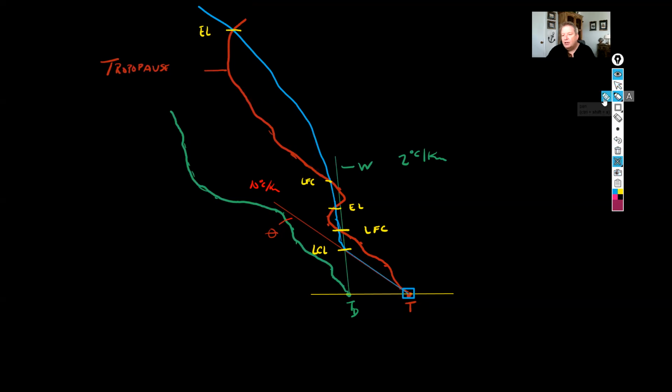Now, I'm going to go over here and tell you something more about the wet adiabat. The value of the wet adiabat here is theta E, so the value of the wet adiabat at the LCL. But I want to point out that this wet adiabat continues to come down to the surface.